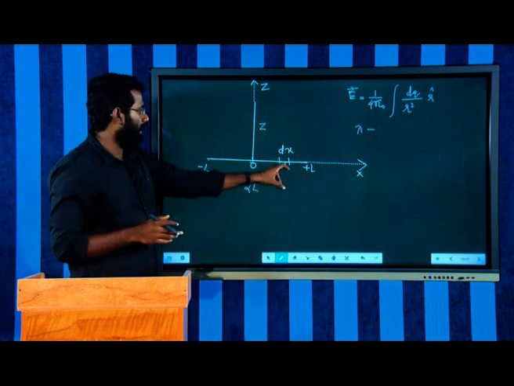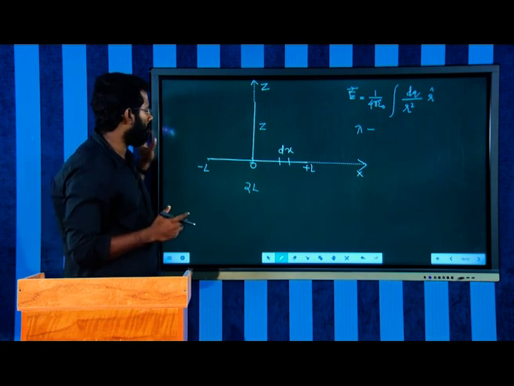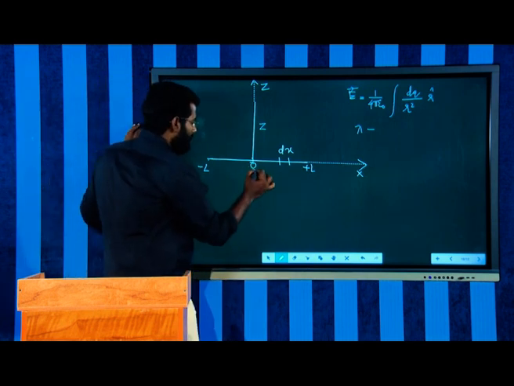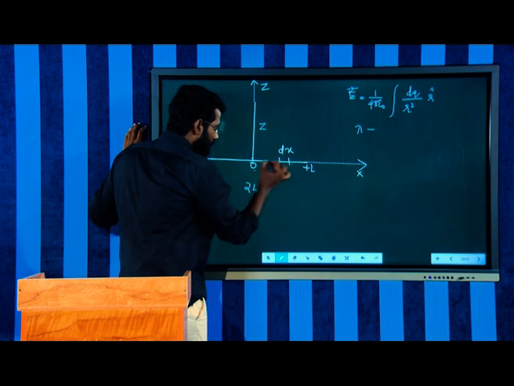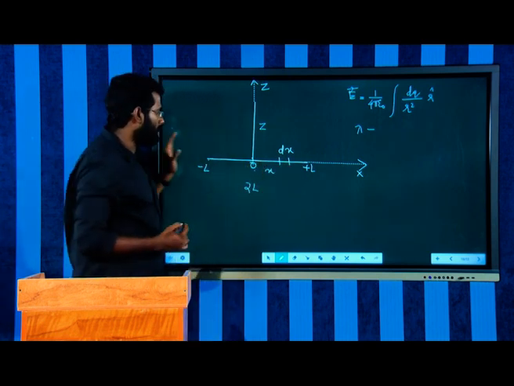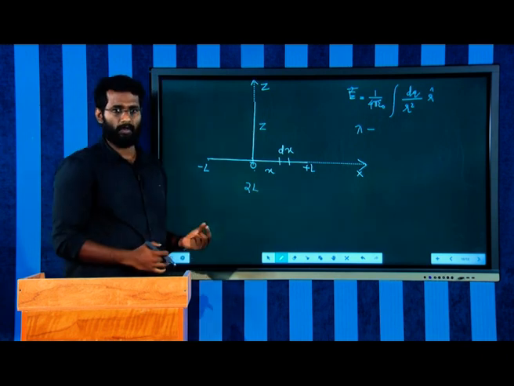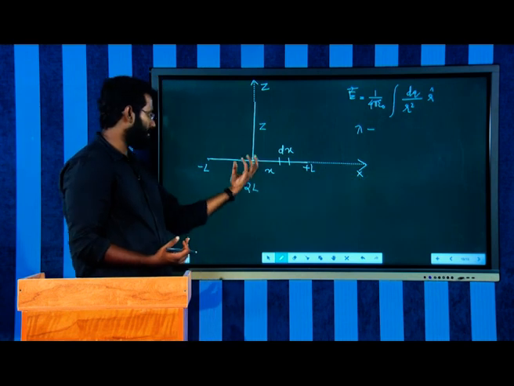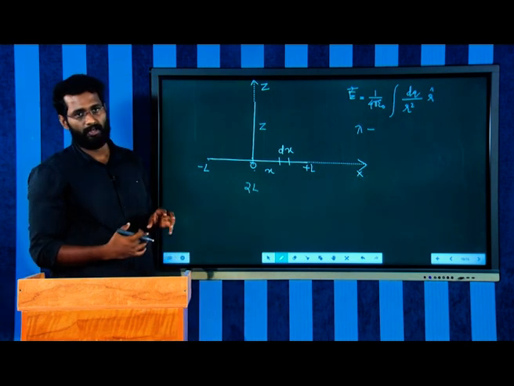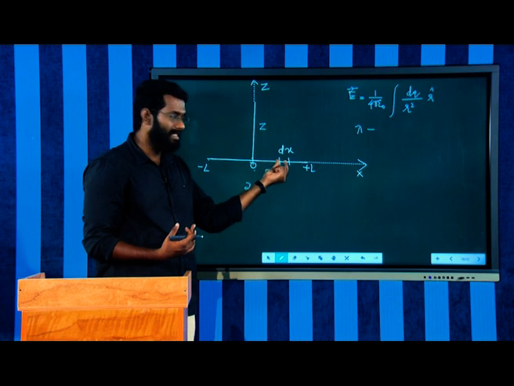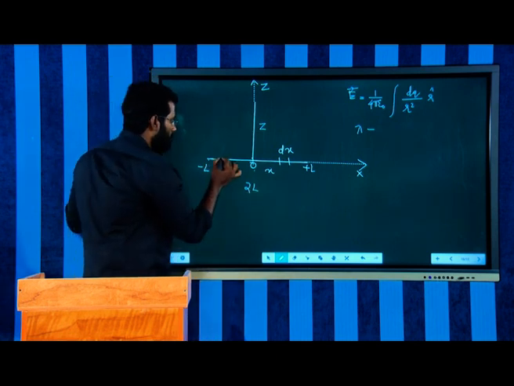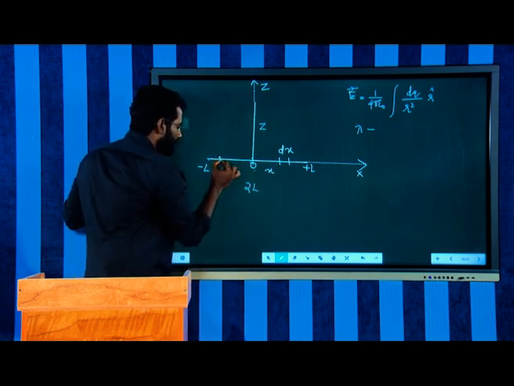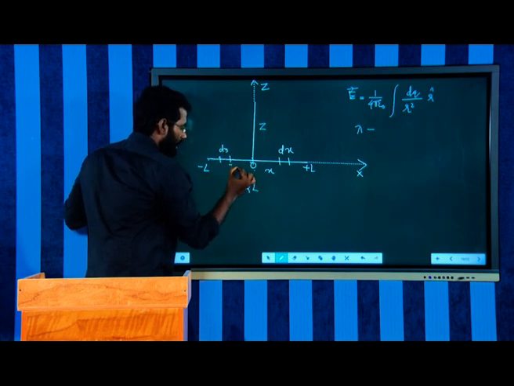Now, I consider a small dx here, and the distance from the origin to this dx be x. Since it is symmetrical about this origin, meaning there is an equal amount plus L to the right as well as minus L to the left, I can consider a similar piece here also, of length again dx, at x.